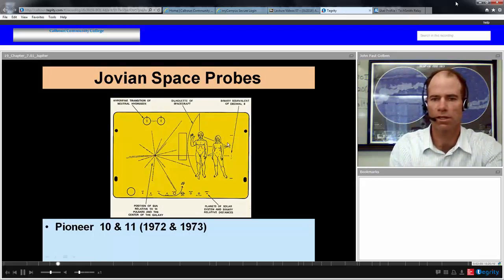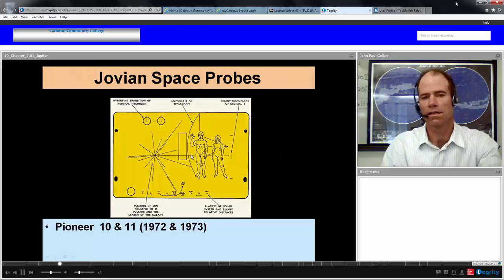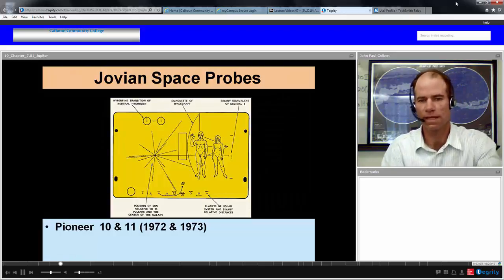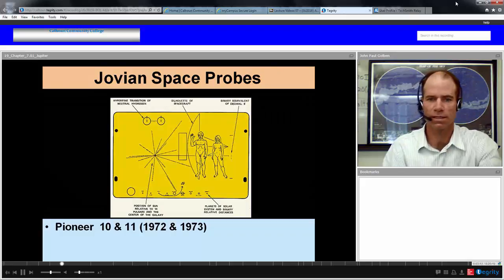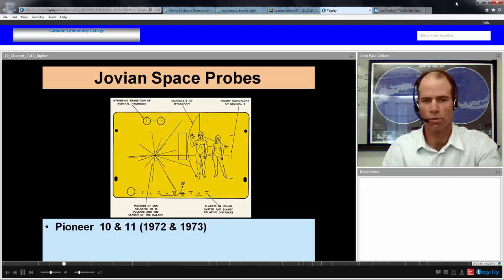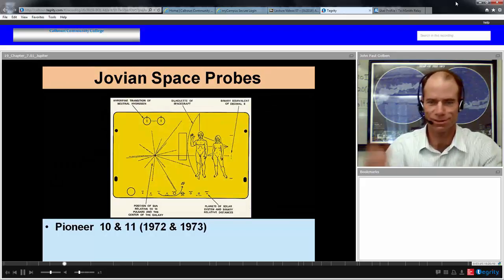We have the human male and female, and their relative size to the spacecraft itself, so that if an alien intelligence were to obtain the spacecraft, they'd be able to see what we looked like and what our relative size was compared to the spacecraft, so they'd know whether we are formidable or not. No, it's just so they'd get to know us.